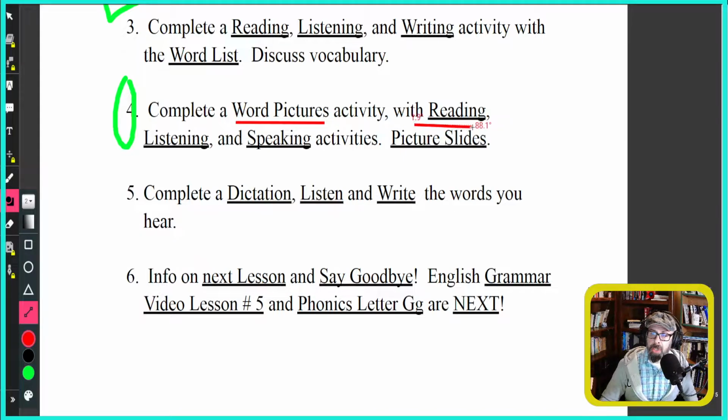We'll work with the word pictures. Do some reading, have a chance to listen to the pronunciation, and then your chance to speak and practice pronunciation. You must talk. You have to practice it out loud in order to get good and to get better. You have to practice speaking. And we will use the picture slides, the word pictures, to do this in number 4.